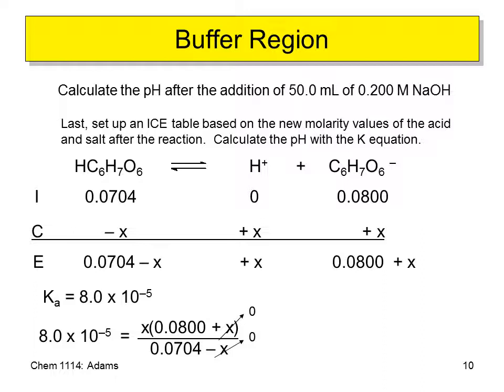I'm going to take the plus x and minus x terms, just those two terms, to 0, because we will find out that x is going to be so small in comparison to what it's being added or subtracted from that it's not going to make a difference in our equation, and I'm going to solve for x. Again, I'm going to realize that x is my hydrogen ion concentration from my ice table. If I take a negative log of this value, I get a pH.